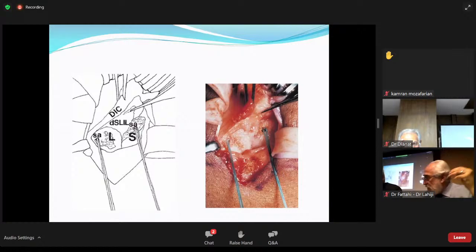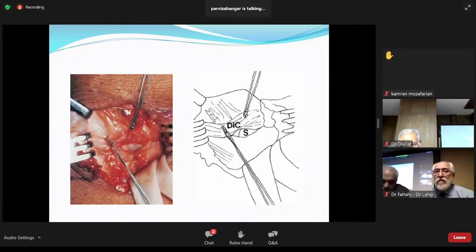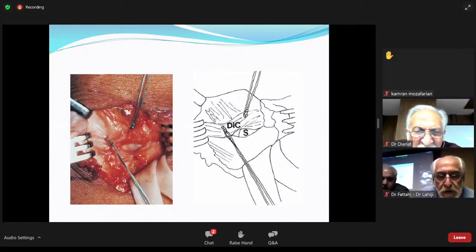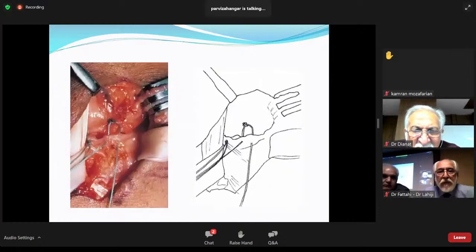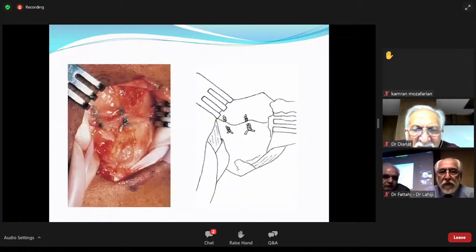Next, please. These are not my pictures. These pictures are from a wrist book. The next, like this. I did like this. Next, please. Like the next, please.